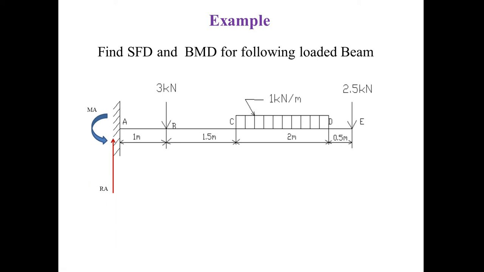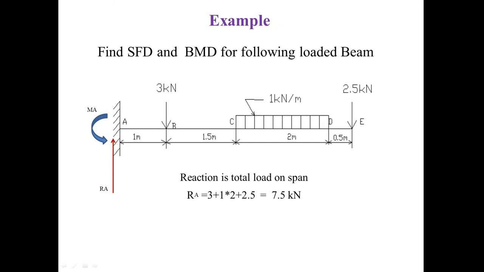So let us take the reactions. At this particular point, the reactions are RA, the vertical reaction, and the moment MA. Initially you have to find the reactions first, and then go for the shear force and bending moment calculations. So all upwards is equal to all downwards.